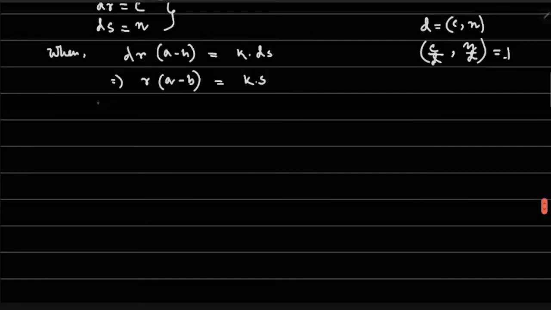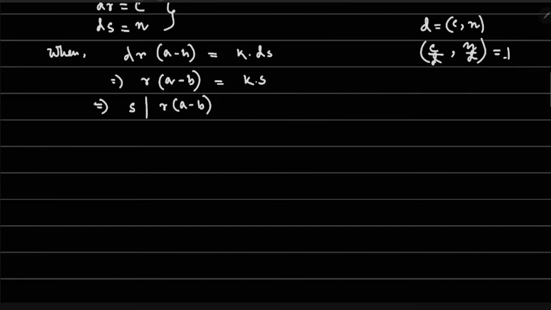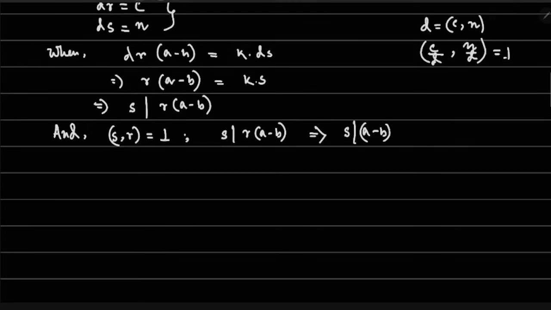So that means S divides R into A minus B, and note that S and R, as they are relatively prime, and S divides R into A minus B, then that will imply what? That S will simply divide A minus B, right?